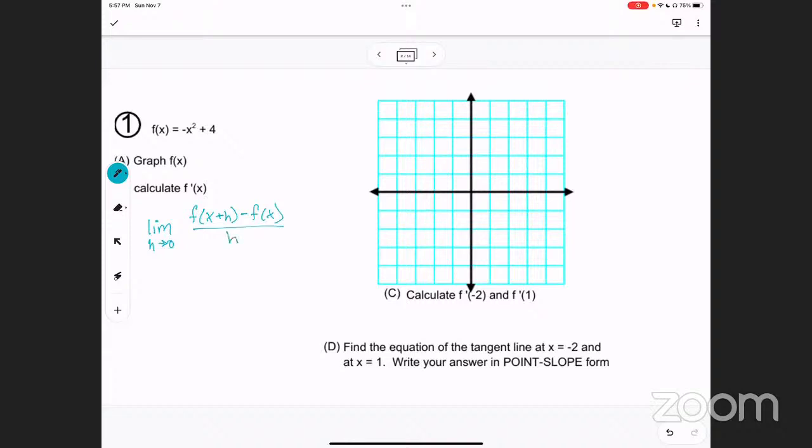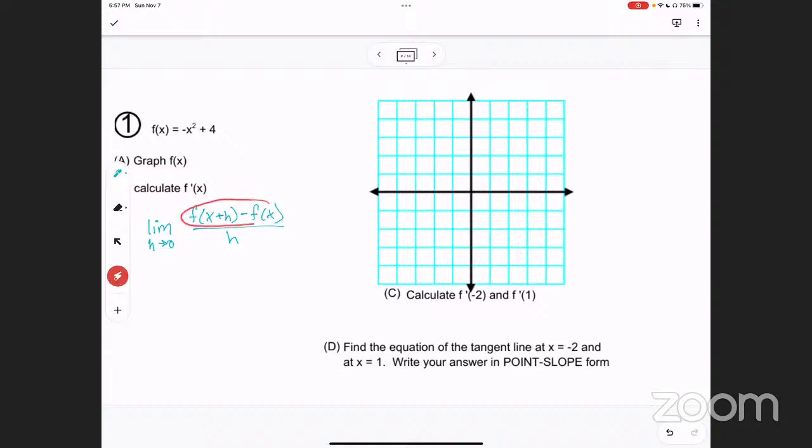Yeah, and that's the limit as h goes to 0. Okay, so this is essentially the same thing as the other one that we did. It's just written in a slightly different way.